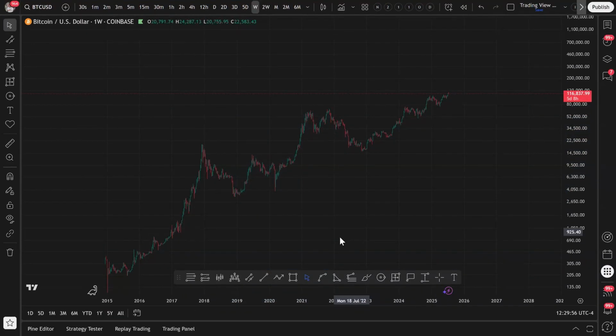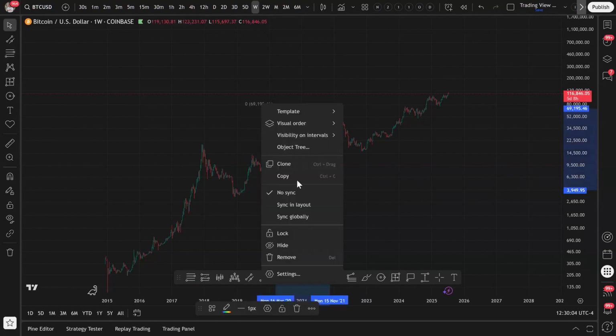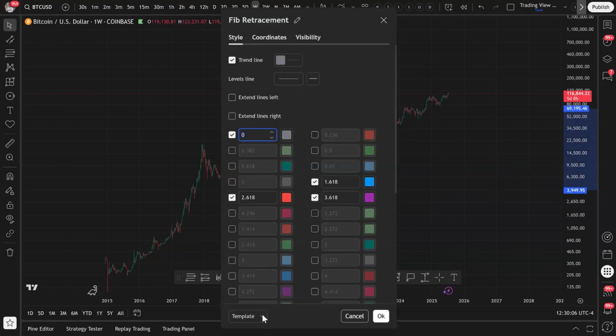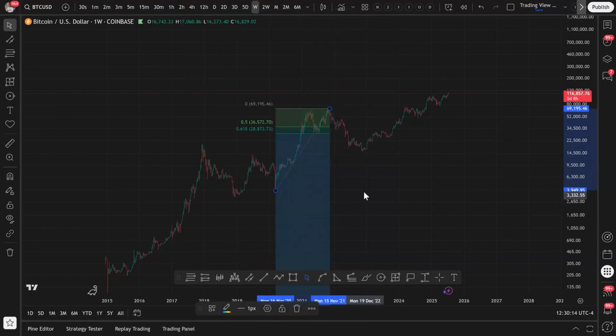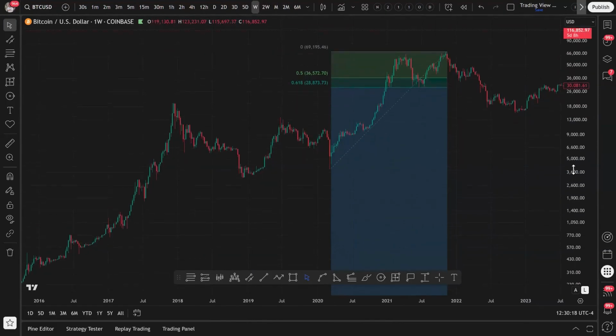Oftentimes, in terms of seeing how high things will retrace, if we went from here to here, and I went down to a different template, my default settings, that's more for retracements. And then you see we have 0.5, 0.618, and in this case, that's really interesting, isn't it? You don't need to remember these right now.